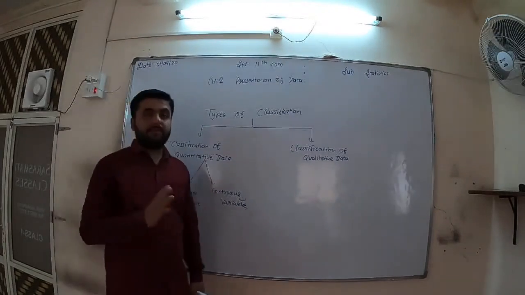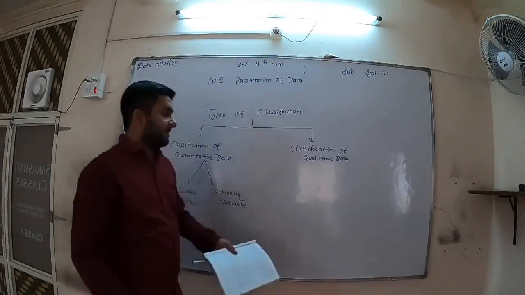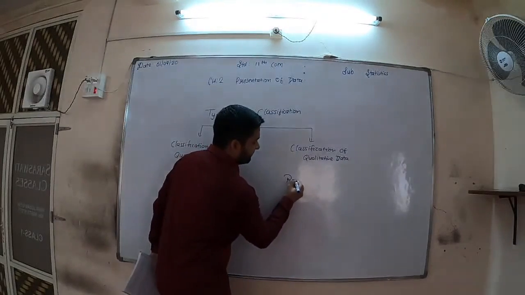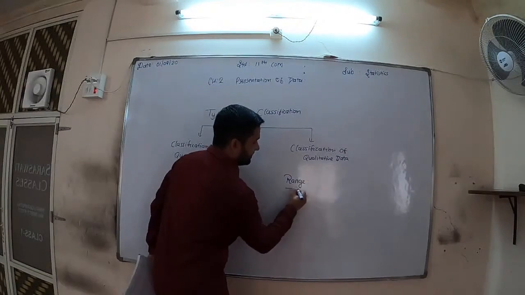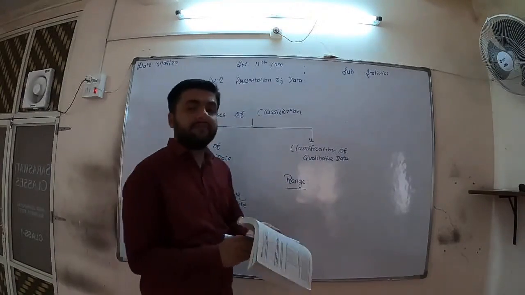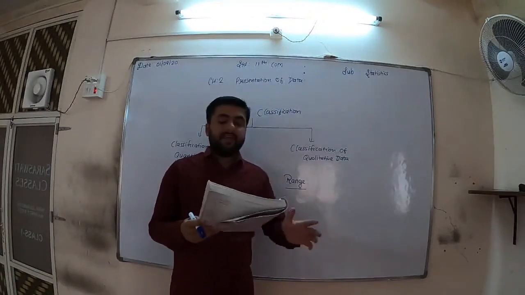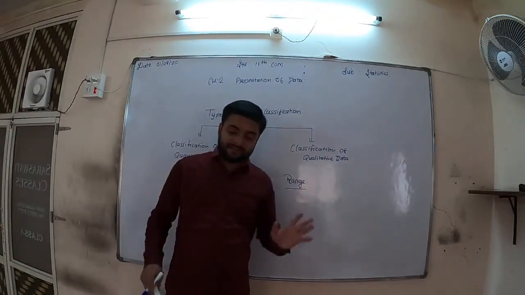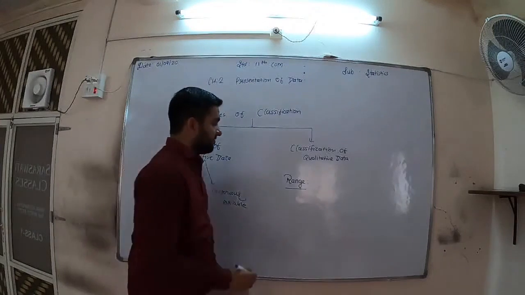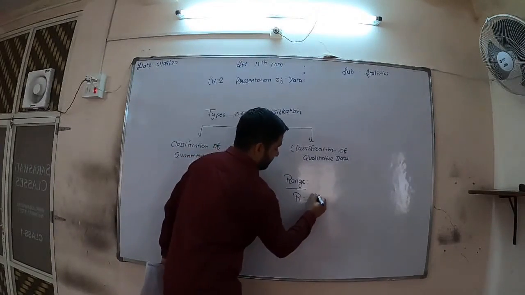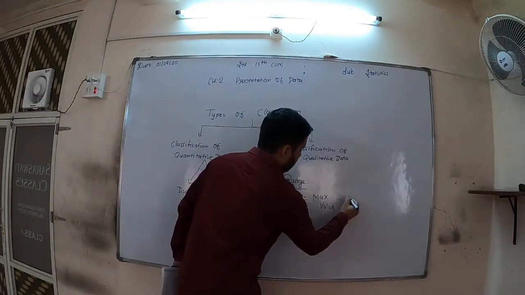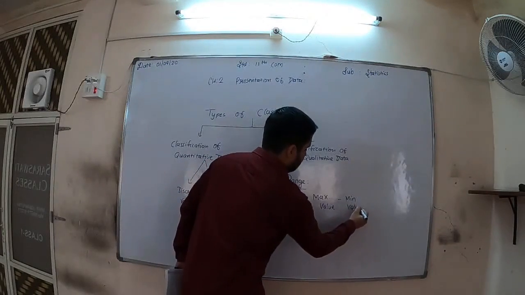Okay friends, so these things have to be written. Then after this, what you need to write? Range. Its definition is not required, just underline that definition. Difference between maximum and minimum value of raw data is called a range, and range R is equal to maximum value minus minimum.